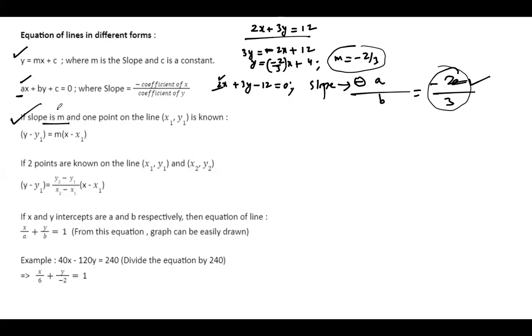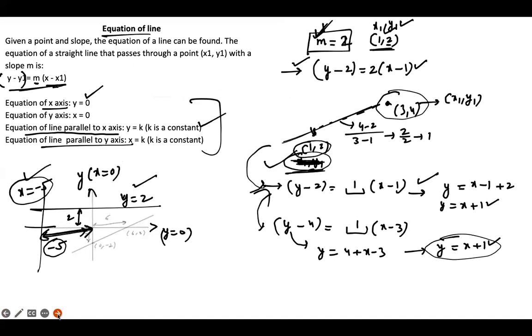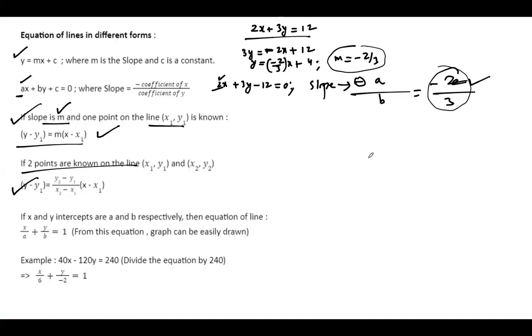If you know the slope and one point that is lying on the line, you can draw or make the equation. If 2 points are known, this will be the equation that we have just discussed. So if you know only one point, can you decide the equation of the line? Let's say a line is passing through 1, 2.